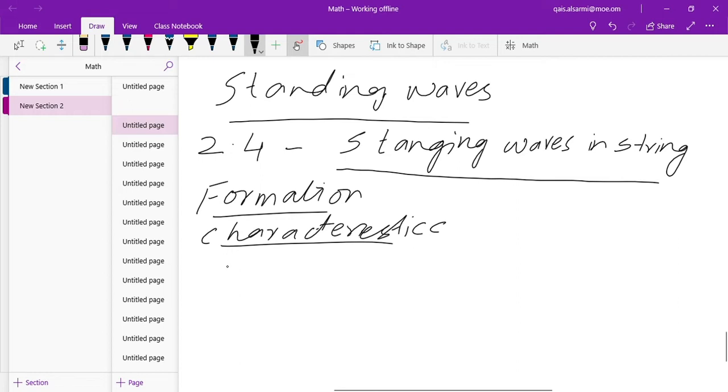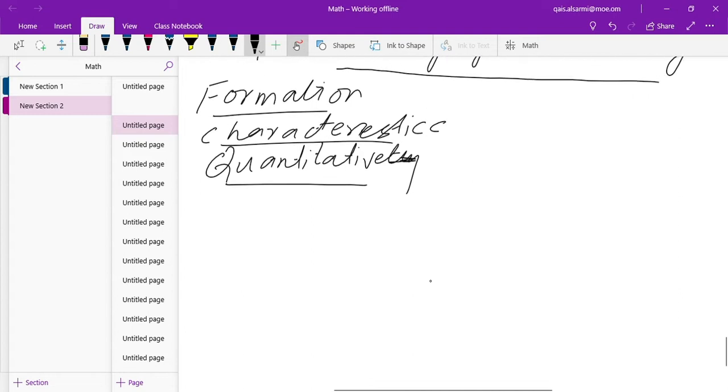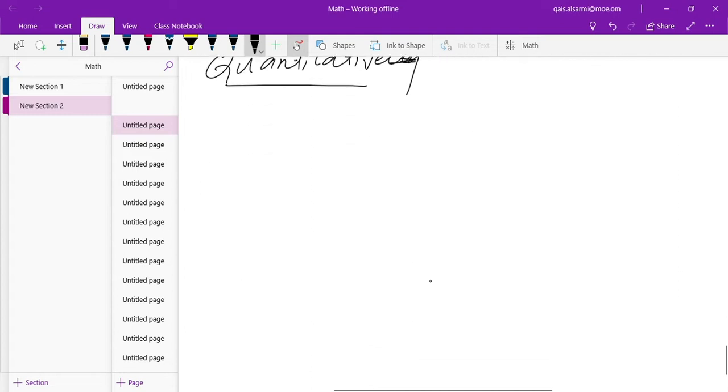The third part is a quantitative discussion of standing waves, and here we will be deriving a few equations. So first let us start with the formation of standing waves.